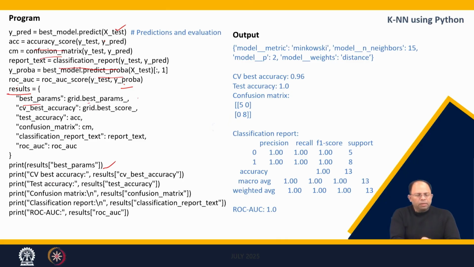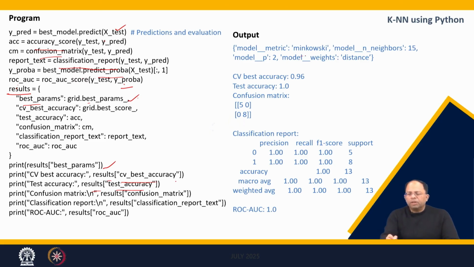And we print the CV based accuracy results, we can print the CV based accuracy part. Then for test accuracy, confusion matrix, we are printing one by one. So over here you can see that the final metric that is being chosen is also being reported. And so this is the grid best parameters that is being chosen after iteration. You're finding the best possible parameters for this model.